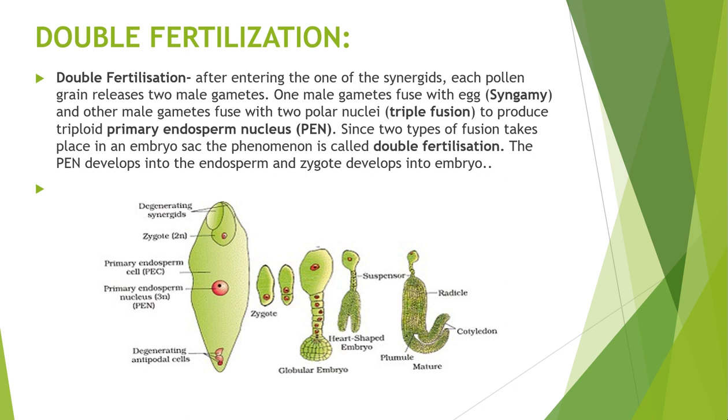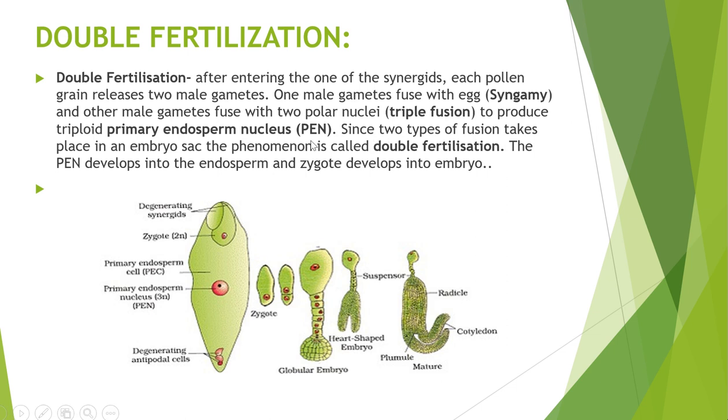Okay, the other male gamete, अभी यहाँ पे दो male gamete produce हो गए एक के साथ में, दूसरा क्या करेगा, that other male gamete moves towards the two polar nuclei located in the central cell, and fuses with them to produce the triploid primary endosperm nucleus, PEN जिसको यहाँ पे कहा है, that is the primary endosperm nucleus.